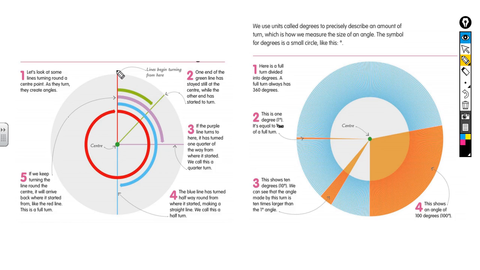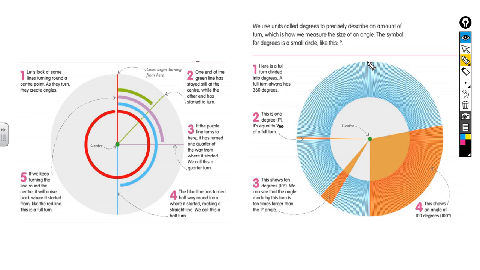Okay, and we need some way of measuring how far this is, what this represents, what part of a turn we have moved. So if we go and have a look at this circle, can you see all of these little divisions here? Someone's taken a complete circle. All right, we're going to imagine our line again.